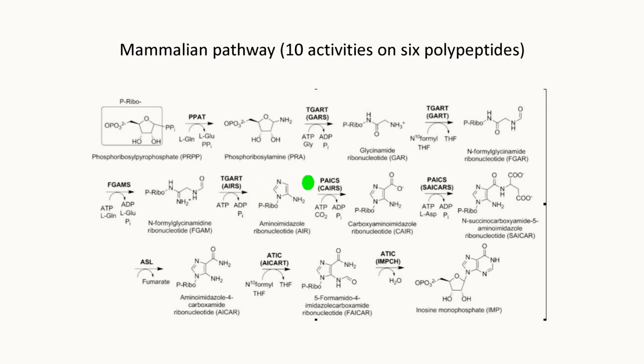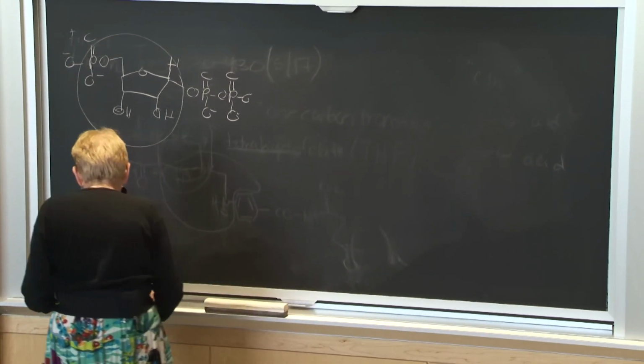You make this amino imidazole ribonucleotide. And then what you do, again, step by step, is convert this into the pyrimidine moiety, so you make your purine. Okay, so that's a step, one step at a time, and this was unraveled using metabolic labeling experiments.